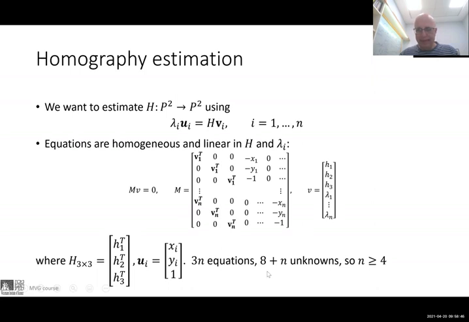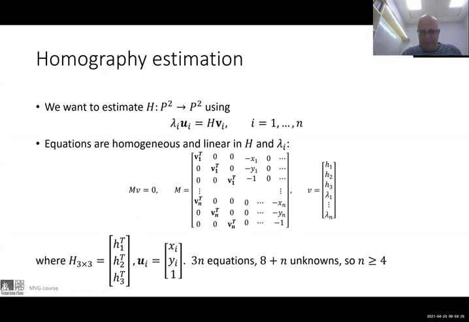And the number of unknowns is really 8 plus n. 8 because we have 9 entries for H, but we solve up to a global scale on this equation, and n unknowns for the lambda i's. And we can see that n must be greater than or equal to 4 in order to have a unique solution, or unique approximate solution, to this equation.